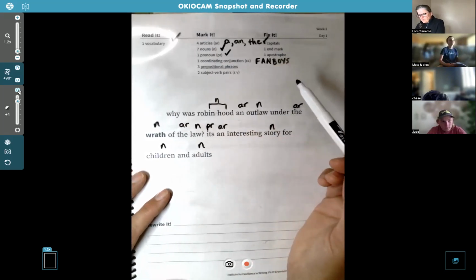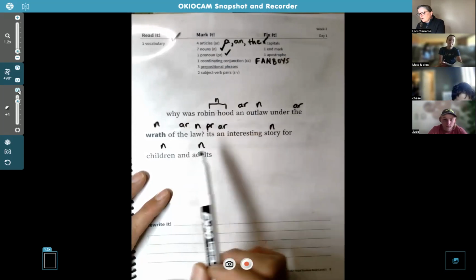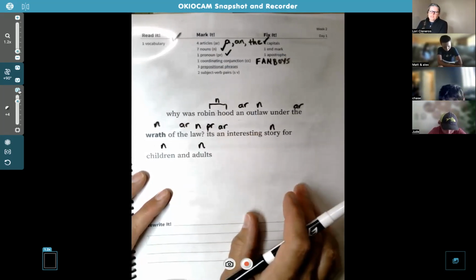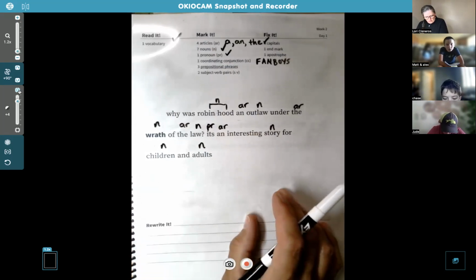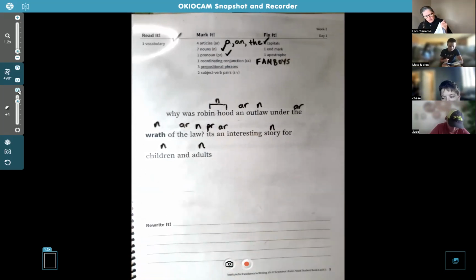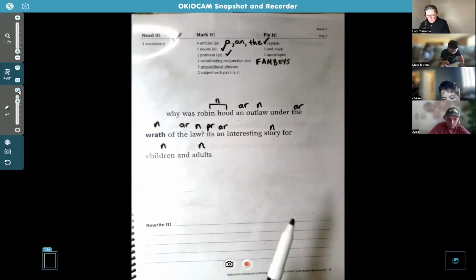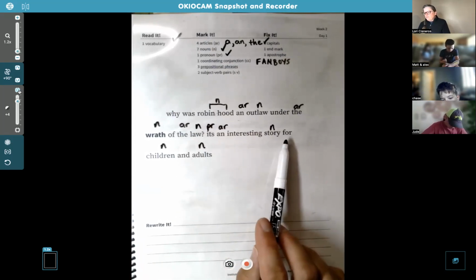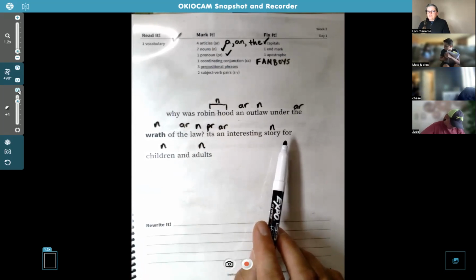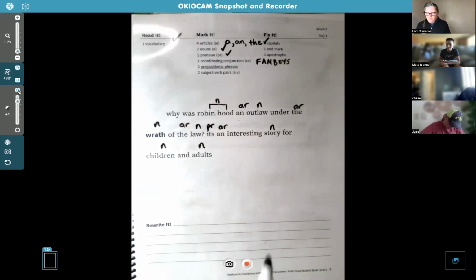Now back to Chase. Where is the coordinating conjunction in our sentences? For. Okay, it tells us we only have 1, and you're right. I do see for in this sentence, but this one is and. The reason for is not the answer in this sentence is because it's not connecting something.